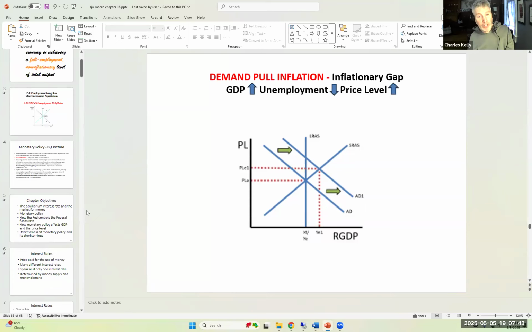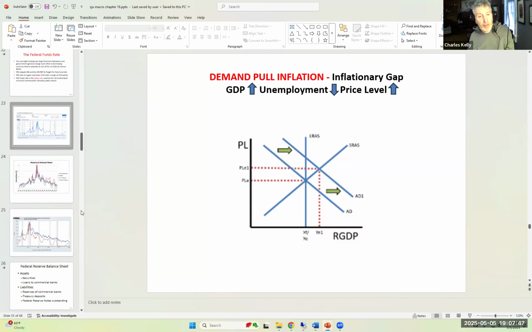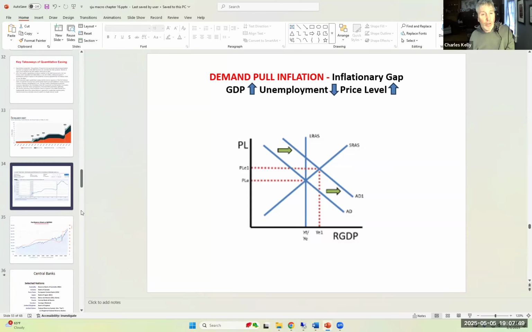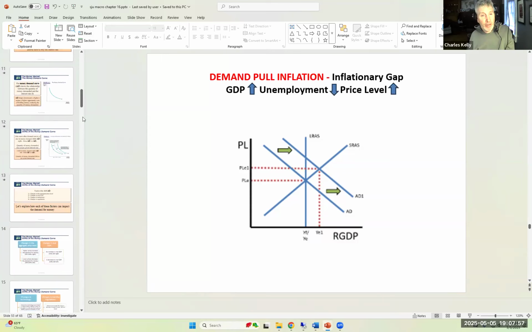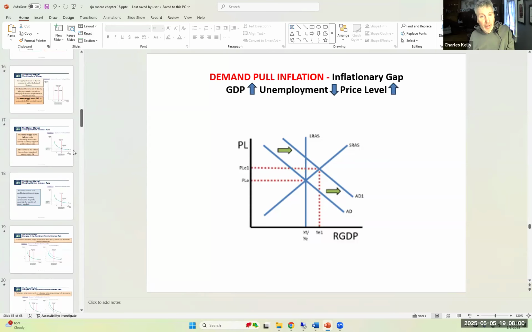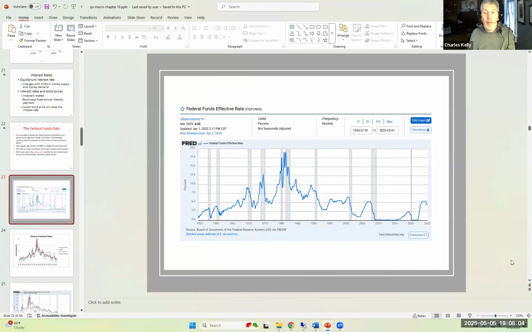When the Fed realized that there was out-of-control inflation in 2022, they pushed the Fed funds rate up from 0 all the way up to 5%.